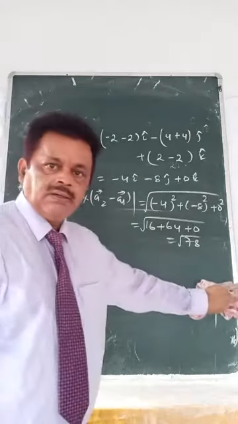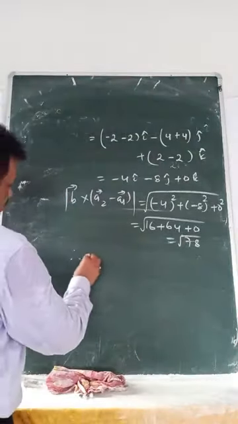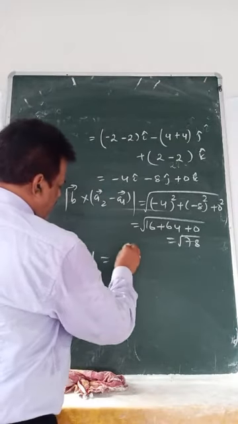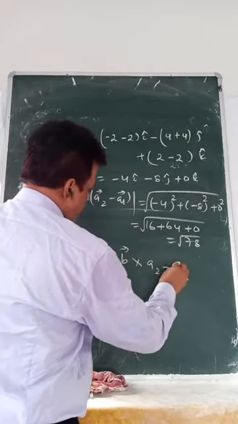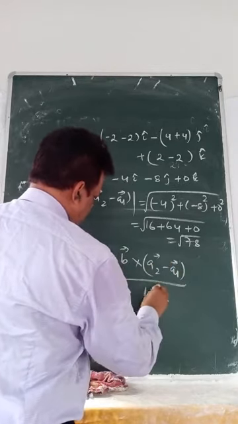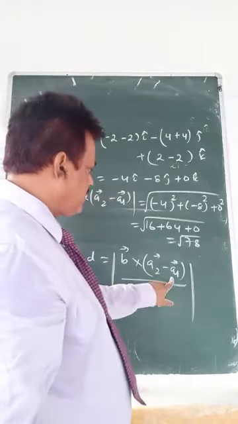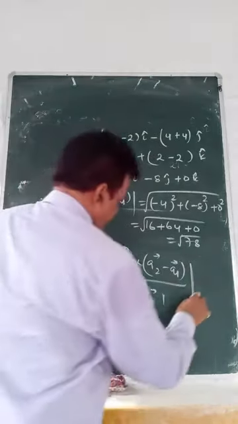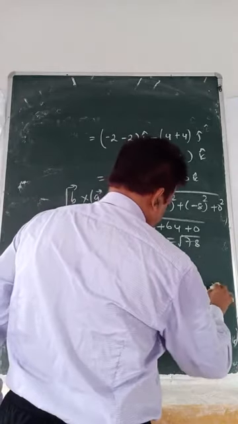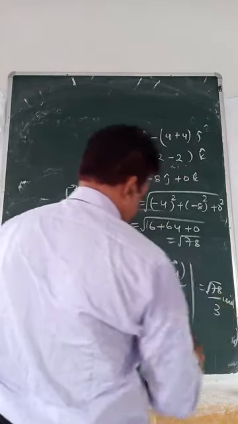Therefore D equals modulus of b cross (a2 minus a1) by modulus of b. So the whole modulus means modulus of this one, that is root 80 by 3 units.